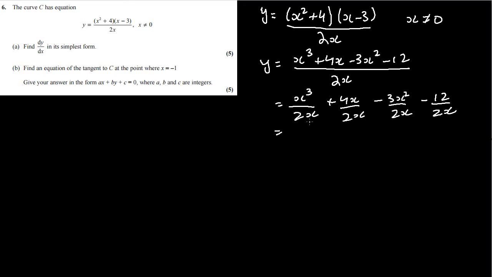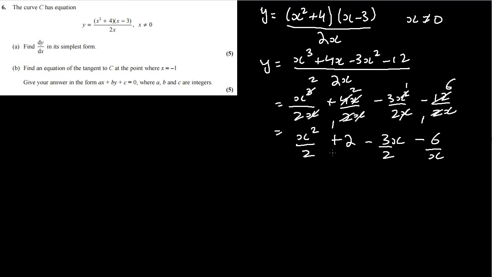Now you can simplify: x cubed over 2x, one x goes with one x, leaving x squared over 2. Then 4x over 2x is 2. Then minus 3x squared over 2x leaves minus 3x over 2, and minus 12 over 2x is minus 6 over x.